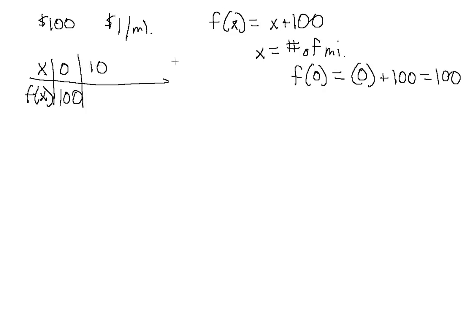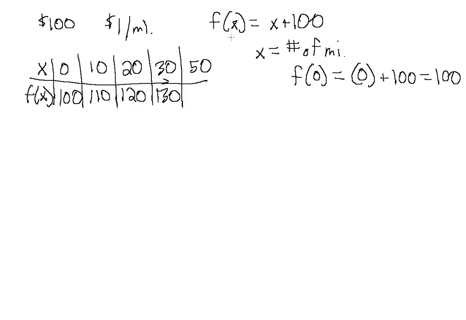So 10 plus 100 is 110. If he drives 20 miles, we're looking for f of 20. So 20 plus 100 is 120. If he drives 30 miles, we're finding f of 30. So 30 plus 100 is 130. And if he drives 50 miles, we're looking for f of 50. So 50 plus 100 is 150, and so on and so forth.